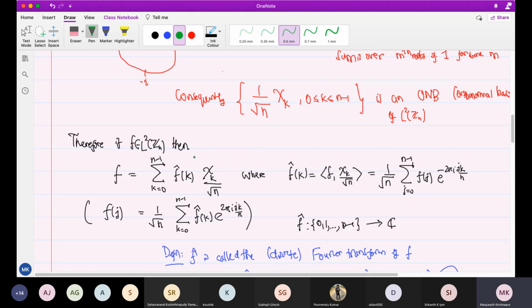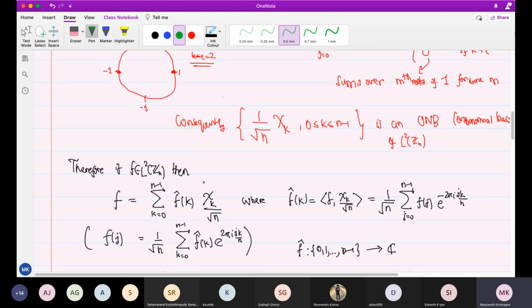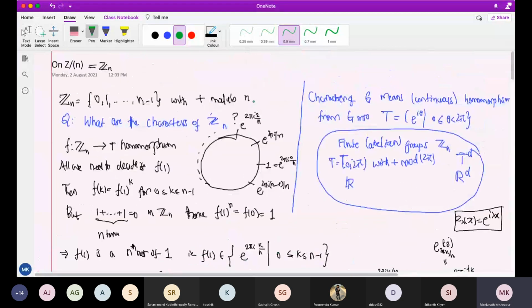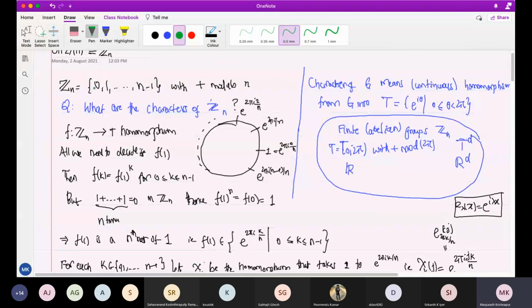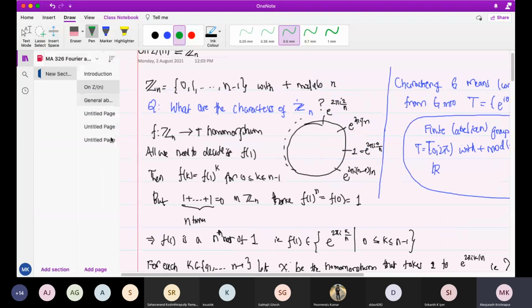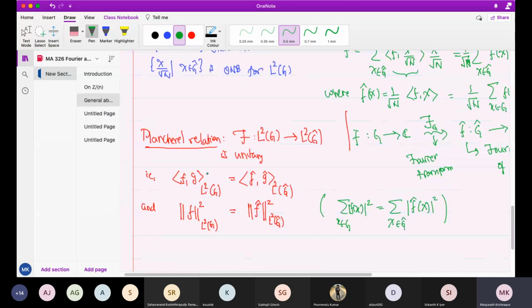From our new notation point of view, that's an abuse of notation, but it was somewhat of a coincidence that G hat was naturally also indexed by 0, 1 up to n minus 1. That is not clear in the general situation.